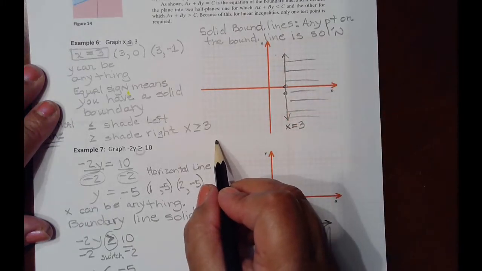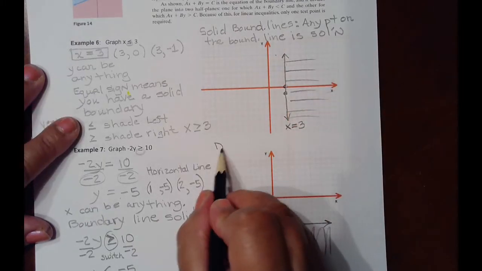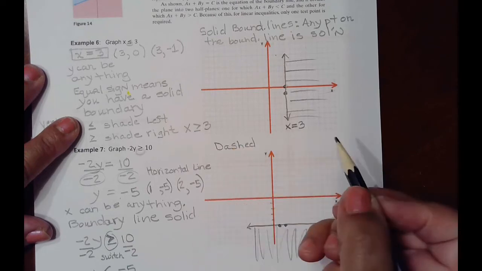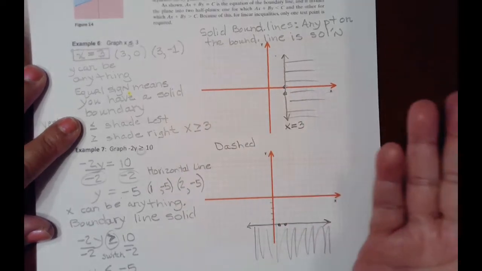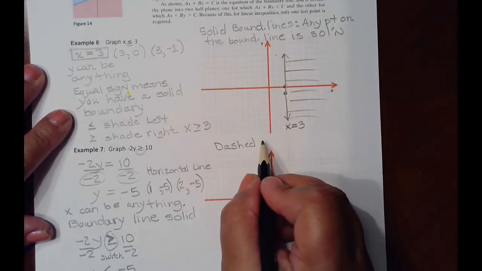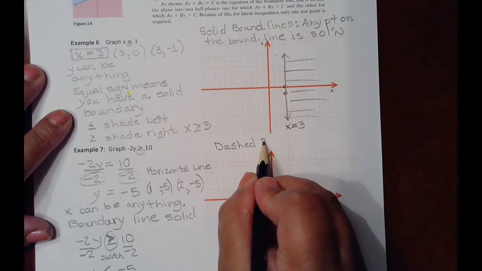Whereas for a dashed, I'll put that down here, for a dashed, now you don't have a dashed boundary line in either one of these, but I just want to put the information here for problems that may come up.